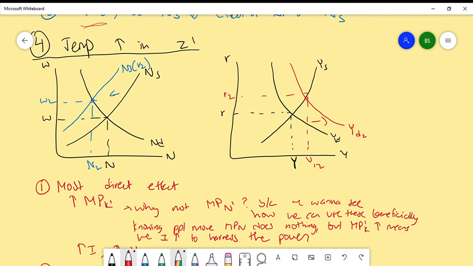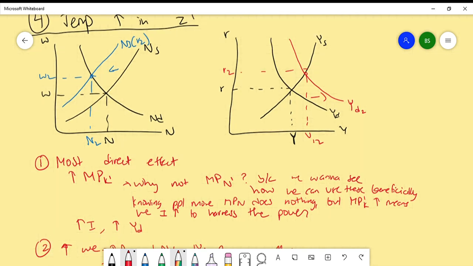So our investment will rise, which means that our labor demand will rise. Another thing is that future MPK will rise. And you might remember that R equals MPK future minus D. So if MPK increases, that means the rate will also increase. And as a check, yes, the rate has increased.